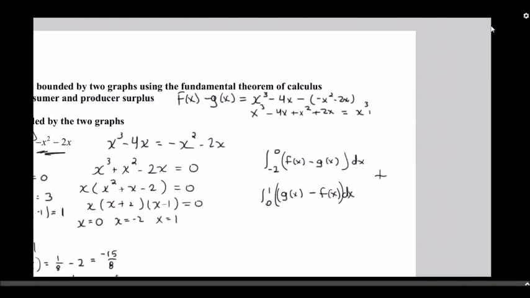So x to the third plus x squared minus 2x. So that's f of x minus g of x.